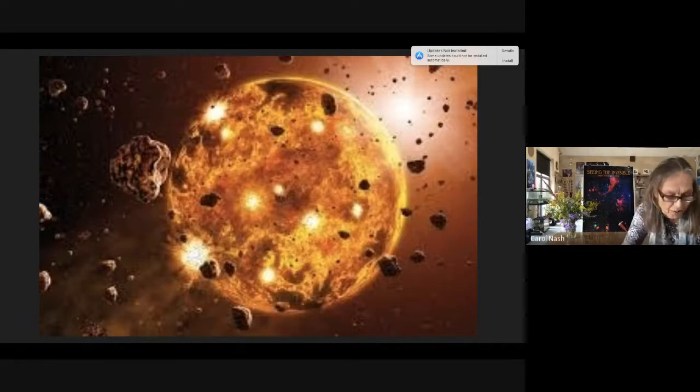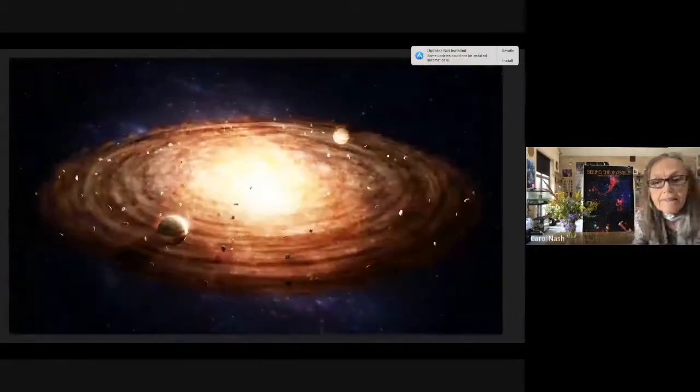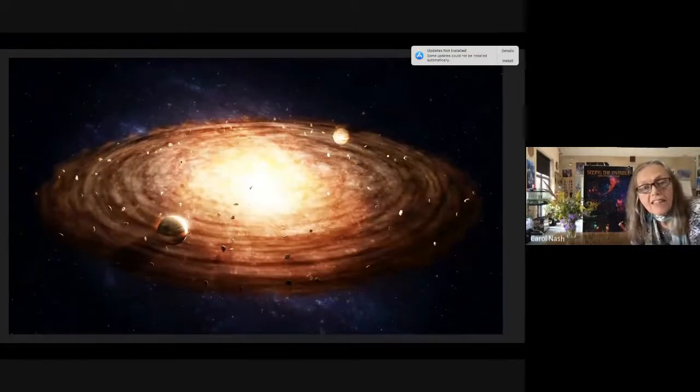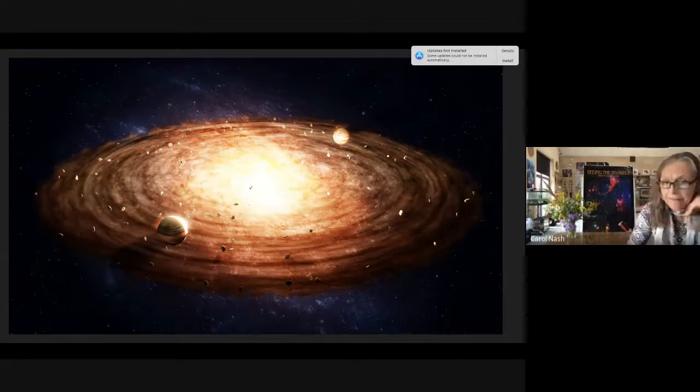They're very, very numerous, and they're spread throughout the protoplanetary disk. Some survive, some become aggregated to a larger one. And then we get something like this, in which planets are beginning to form all around the new star.